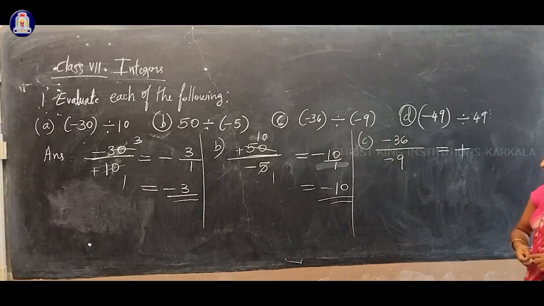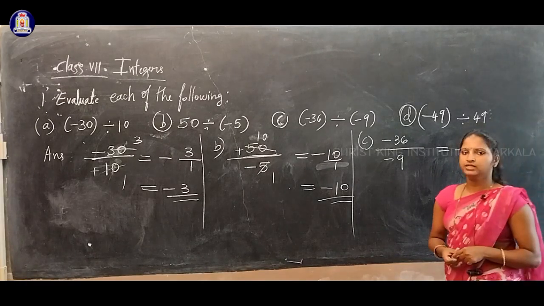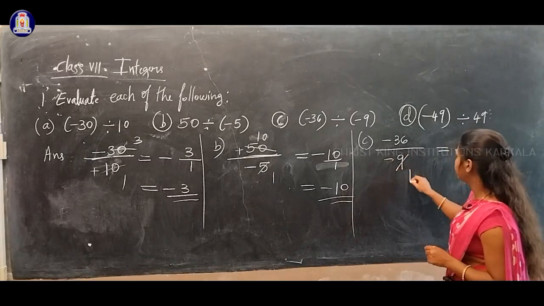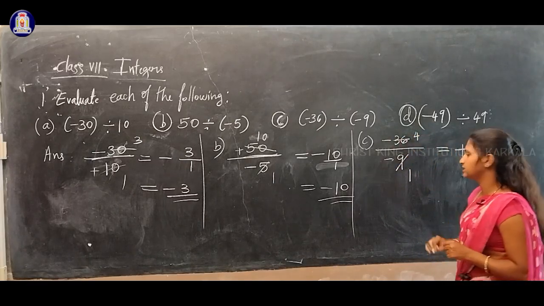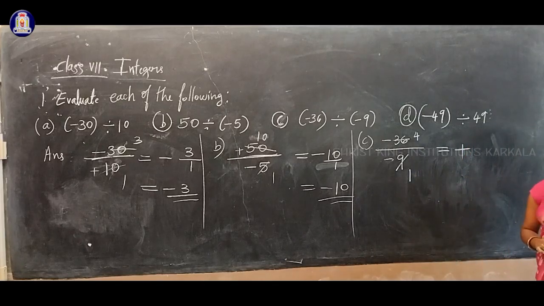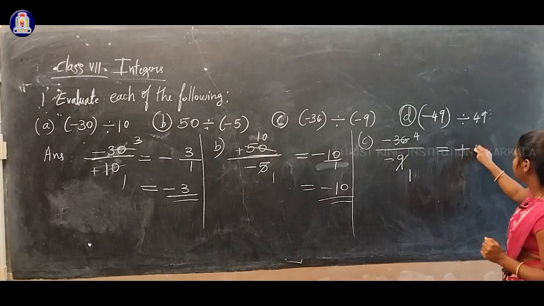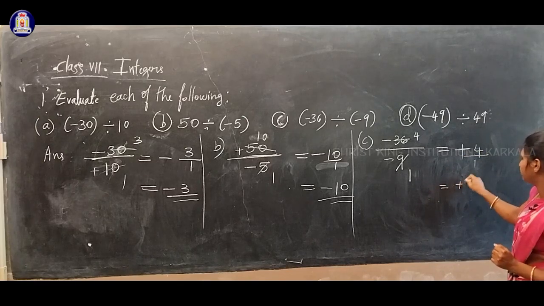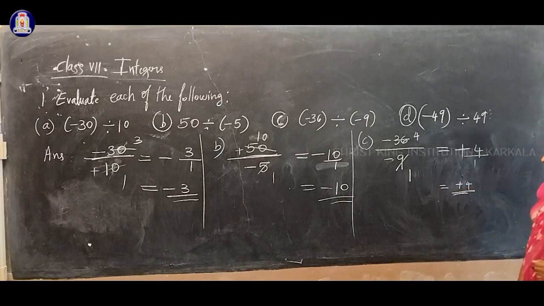Now divide, whether 9 divides 36. Yes, the 9 table divides 36. So divide directly. 9 ones are 9, 9 fours are 36. The answer is 4, so 4 by 1, that means plus 4.